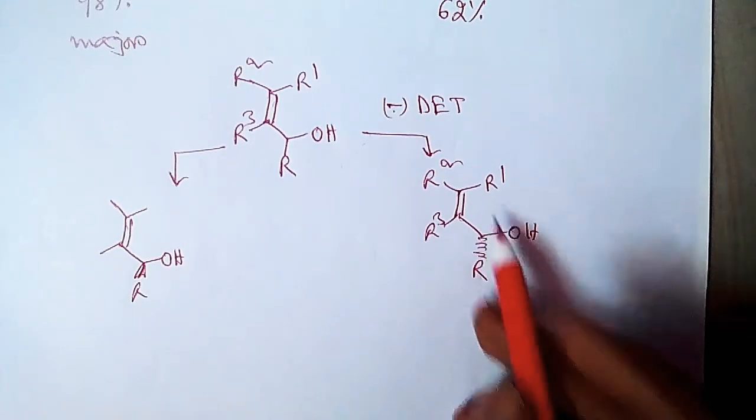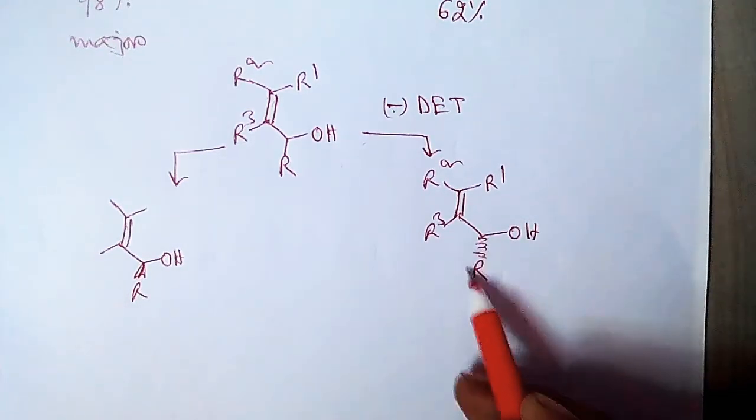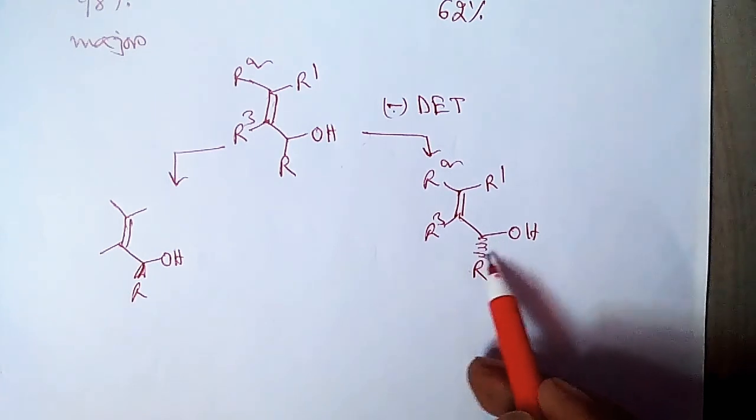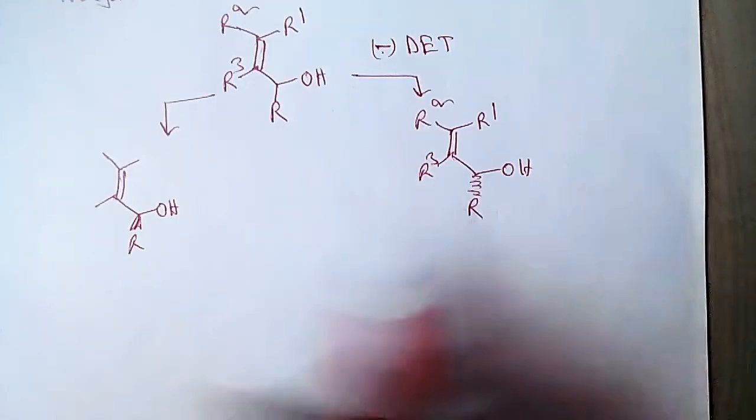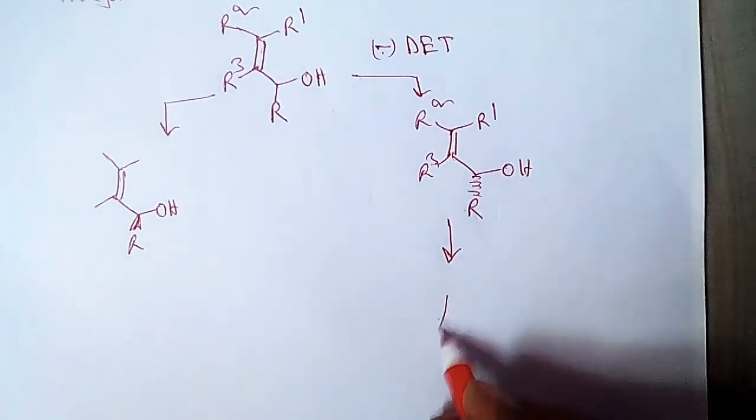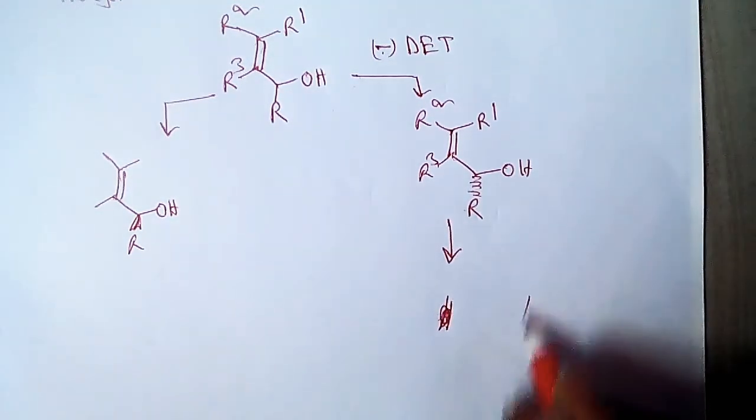In that conformation, as the R group is on the below side, minus DET will attack more favorably from the upper side and give the product.